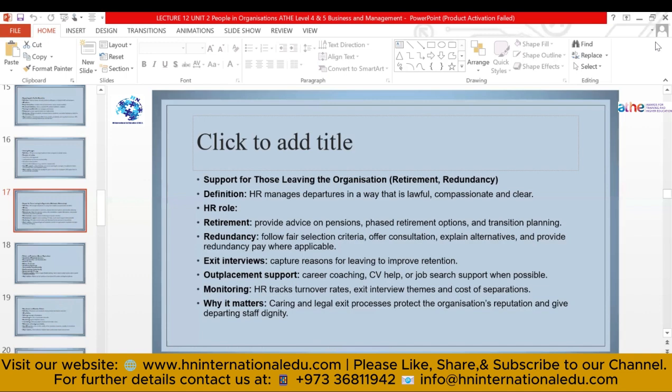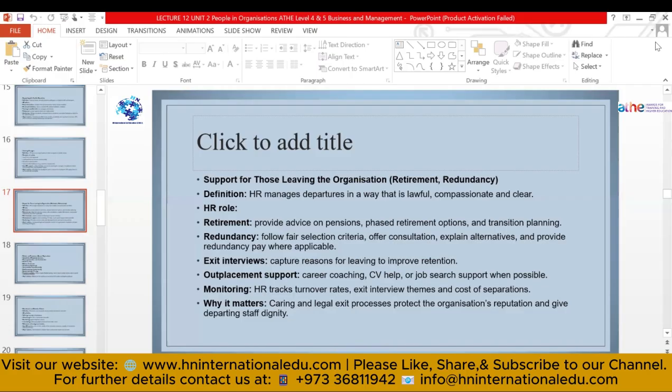Why it matters: caring and legal exit processes protect the organization's reputation and give the departing staff dignity. Because people do bad-mouth you. You may have left the organization by your own choice, but they make stories behind you.